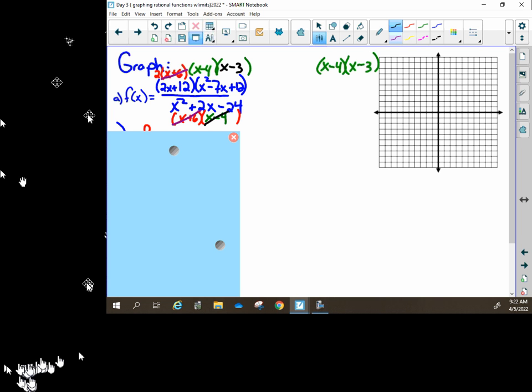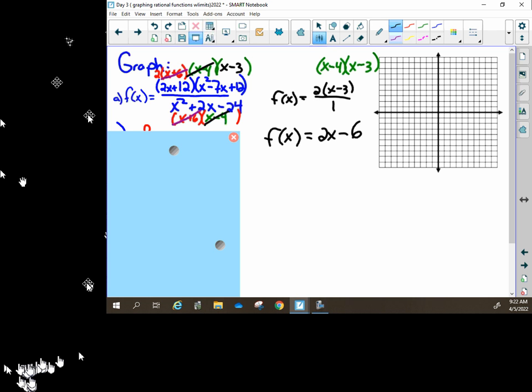And this is cool. What I'm left with is f of x equals 2 times x minus 3 over 1, which is really just f of x equals 2x minus 6. And what type of graph is this? Oh, so your x is easy.